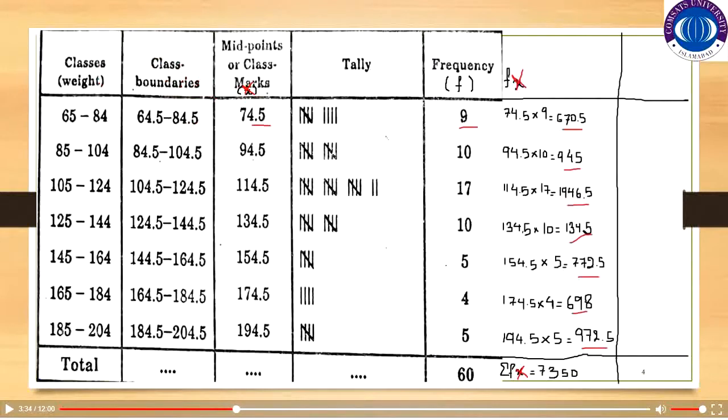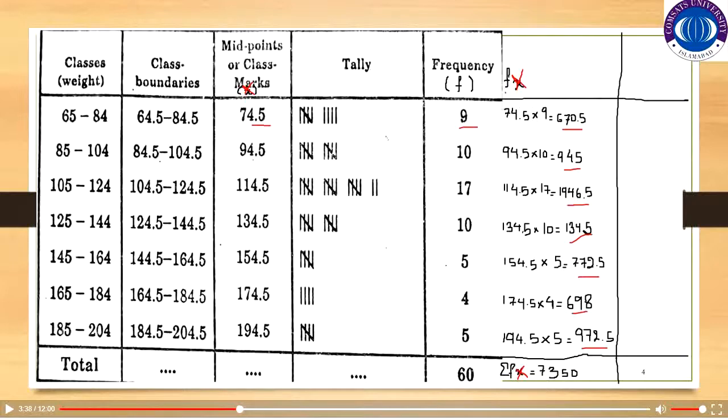Now, as we have to calculate x bar, how we will calculate? X bar is equal to summation fx divided by summation f. What is the value of summation fx? We have calculated.